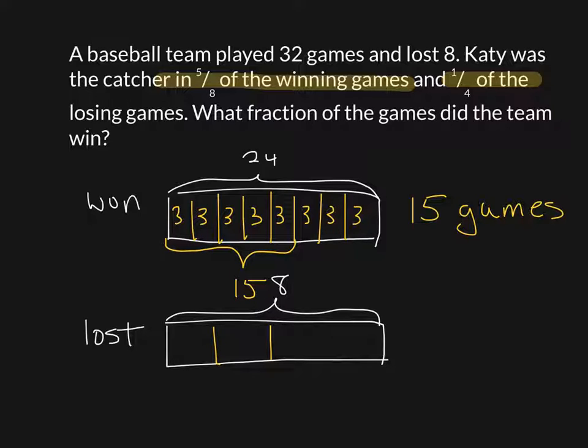So I'm going to divide my tape diagram into 4 equal parts. And 8 divided by 4, of course, means that there's 2 games in each of these parts. And 1/4 means I only need to look at one of those parts, and that means 2 games. So of the losing games, she played 2 of them.